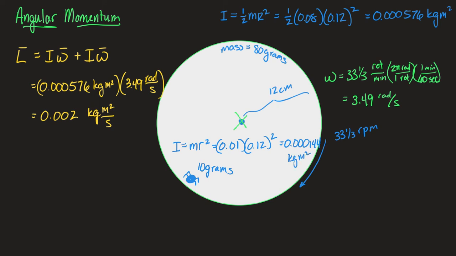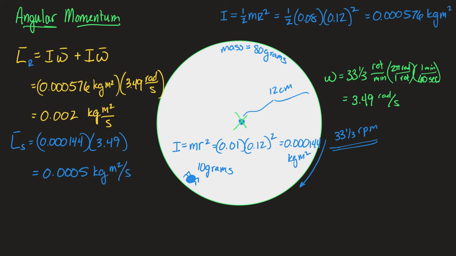Kilograms, meters squared. He has the same speed because he's on the record, so his angular momentum, we'll say spider, is going to be 0.000144 times 3.49, giving us an angular momentum of 0.0005 kilograms meters squared per second.